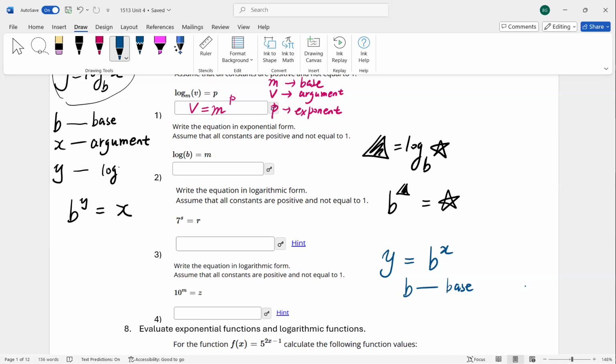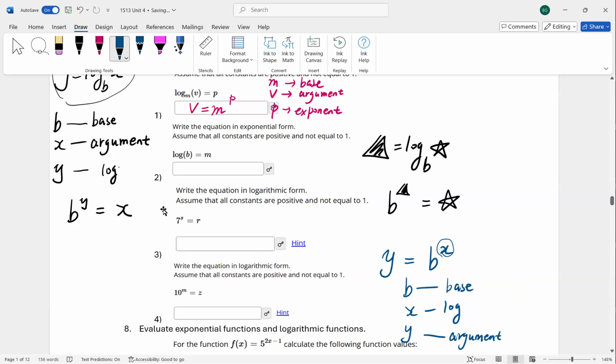And whatever is on the shoulder of the base, that's the log, right? X is the log. Since we only have three parts, base, argument, and log, and we already found two parts, base and log, that makes Y has to be the what? Argument. Does that make sense?